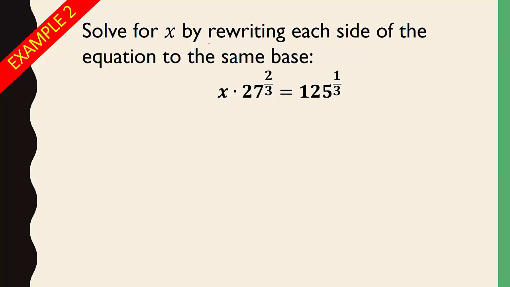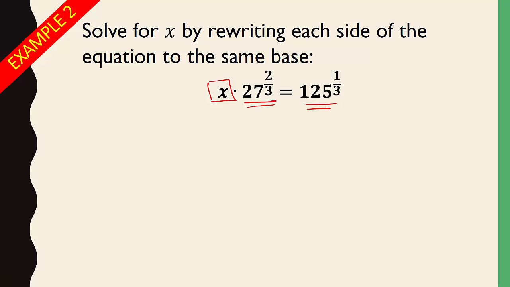All right, second example. Again, we have to solve for x by rewriting each side of the equation to the same base. However, x is now not in the exponent, so you might be a little confused. What we're going to do is put it aside for right now and not worry about that. We're going to focus on these here. We need to figure out what 27 to the 2/3 power is, and what 125 to the 1/3 power is.